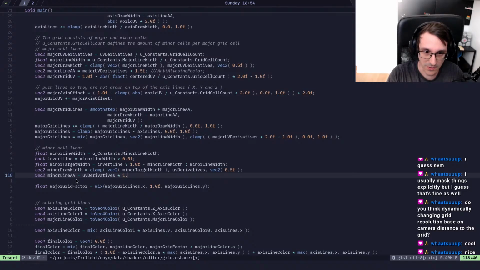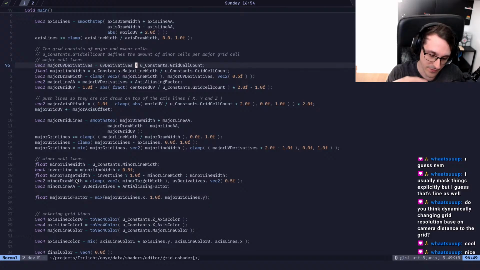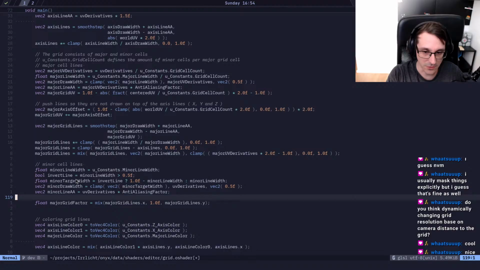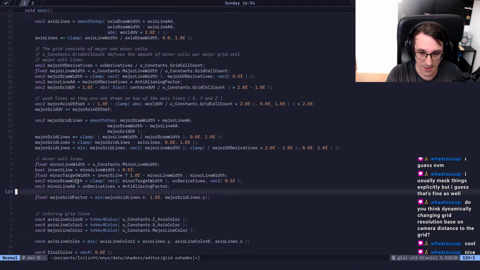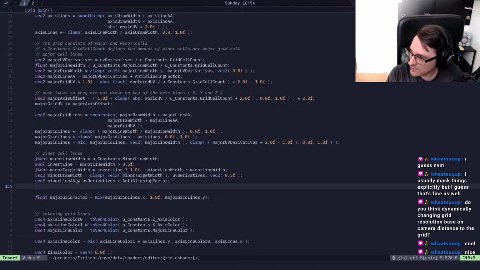Especially since he does the same thing multiple times here. Like this is the same as here, right? So why even... Oh wait, no, it's not the same because that's the major derivatives and that is the one every n step. And this is the actual UV derivatives. Yeah, so it's not the same, okay. I think this is the same, right? Those two are the same. The axis lines and the minor lines, I guess, are the same. So we could simplify those at least.